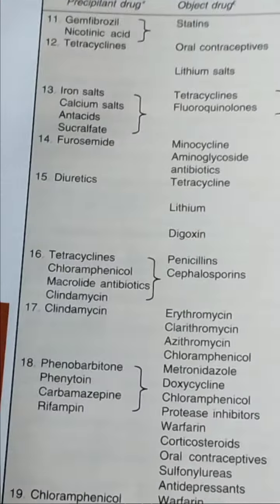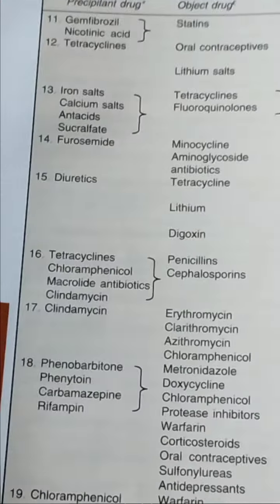The risk of myopathy will be increased. So when you administer nicotinic acid, you must avoid statin drugs like atorvastatin and simvastatin. If you are taking statins, you have to avoid nicotinic acid. Any one is preferred; both are not taken as a combination.